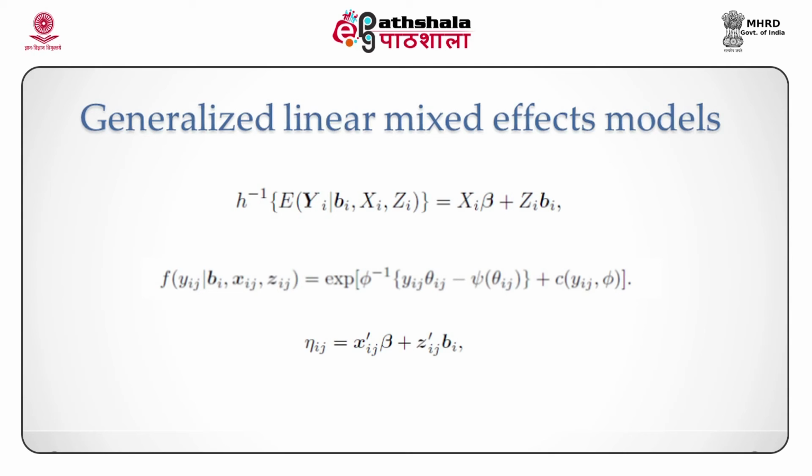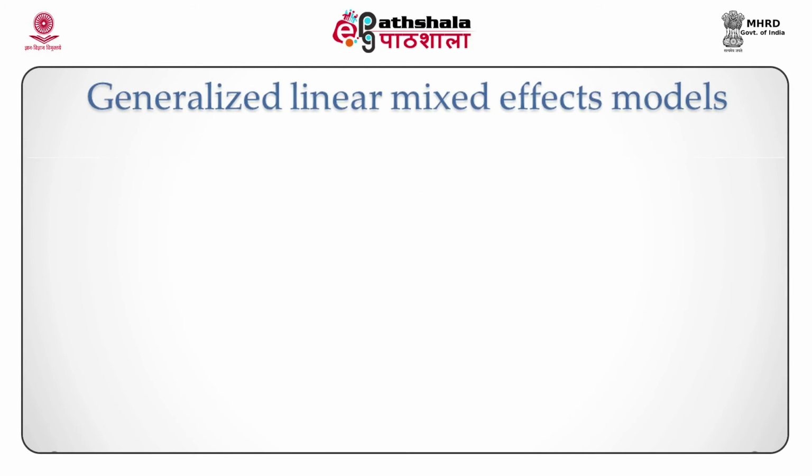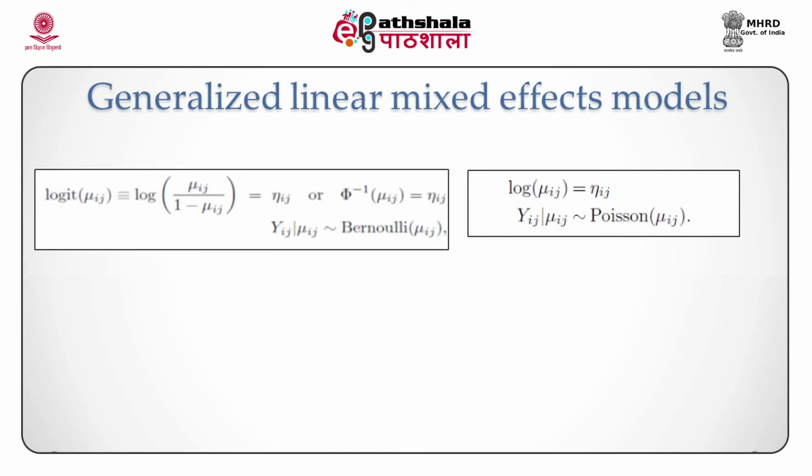So here are some common generalized linear mixed effects models. The first is logit of mu_ij equal to log of mu_ij over 1 minus mu_ij equal to eta_ij, which is the logit model. We can also have the probit model, which is phi inverse of mu_ij equal to eta_ij.